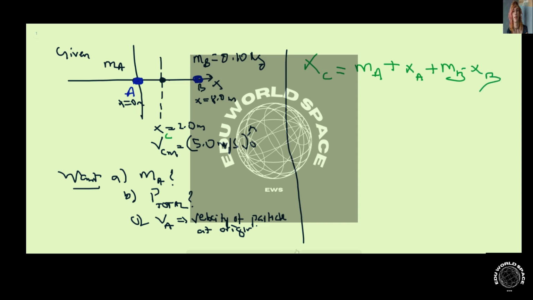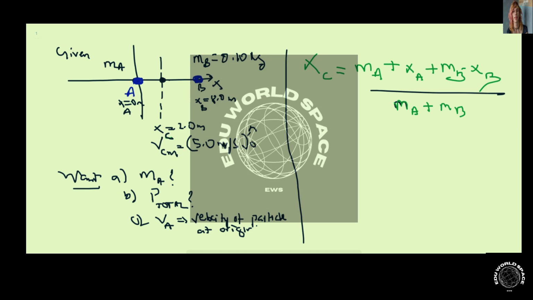So just to make sure the labels are right, this is XB, and this is XA, and this is XC. And so this is divided by MA plus MB. Okay, so that's what we're given.